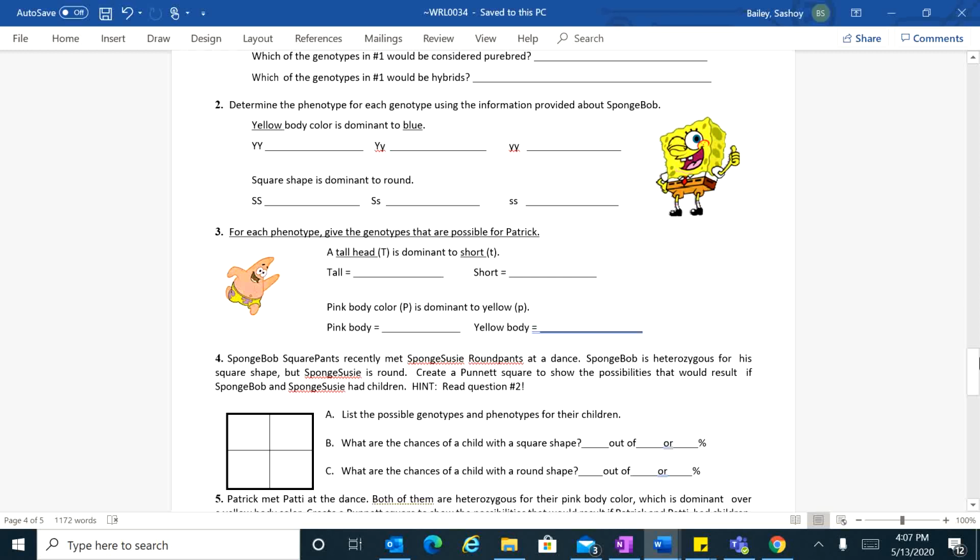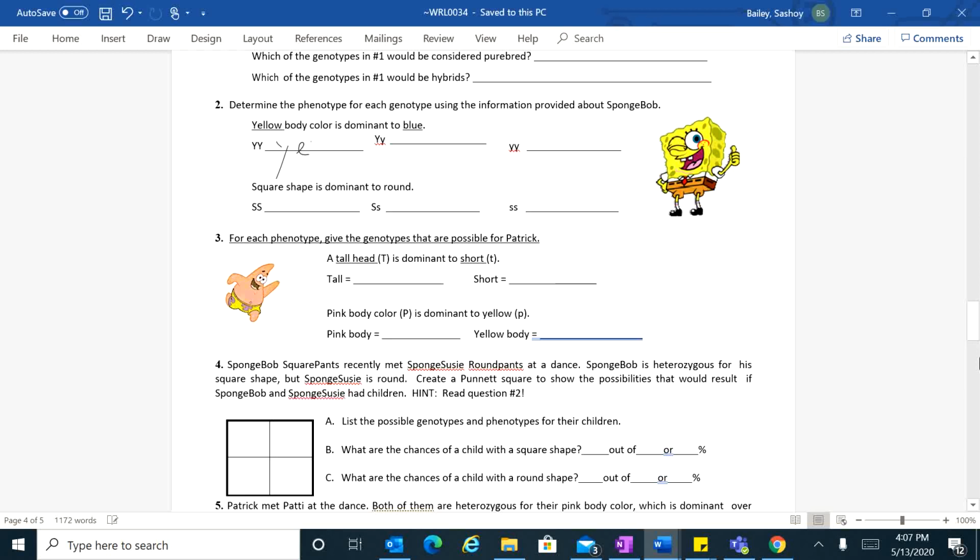So if the yellow body is dominant and the blue is recessive, if we have two uppercase Y's, that means we have two dominant alleles. Whenever a dominant allele is present, it's going to show the dominant trait. So this is going to be yellow because there is a dominant trait.